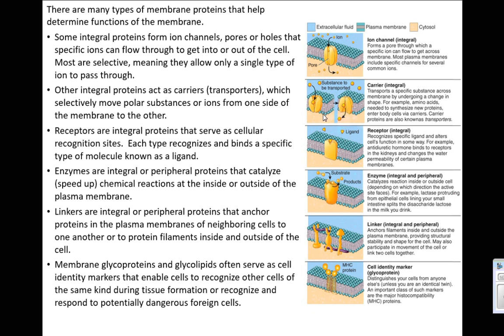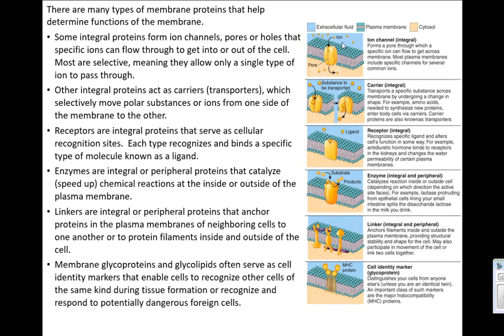Glucose comes into your cells this way. Ions, more typically, will use a channel. And we have specific channels for specific ions, meaning sodium only passes through sodium channels, potassium only passes through potassium channels. They're selective in what they carry.